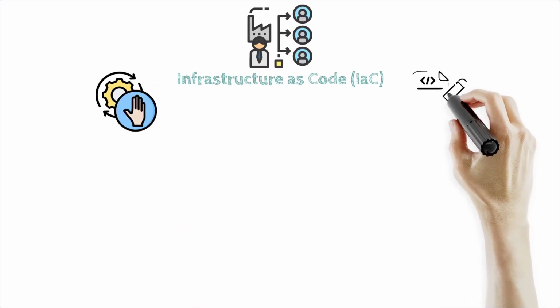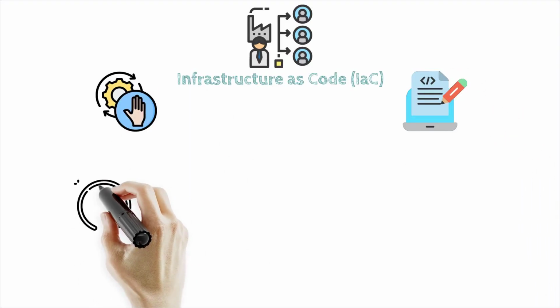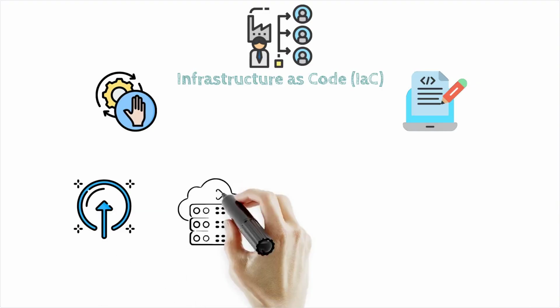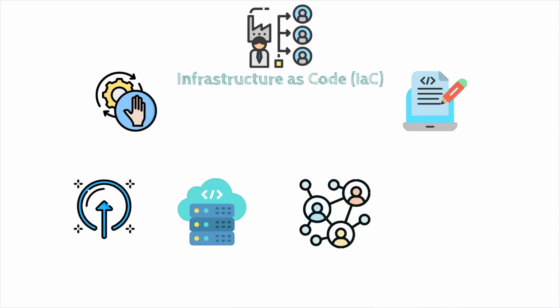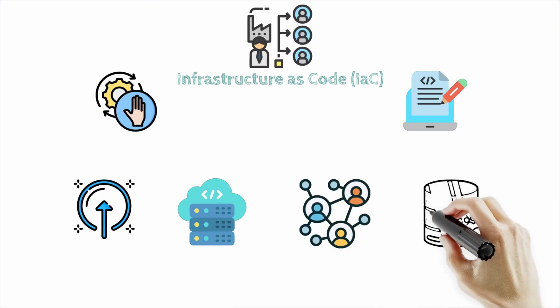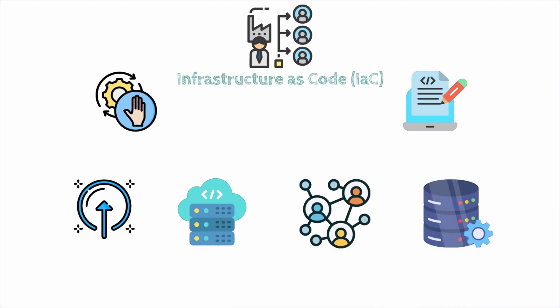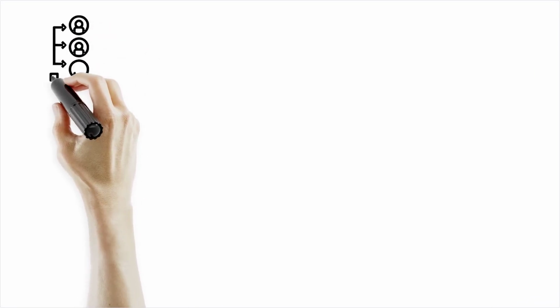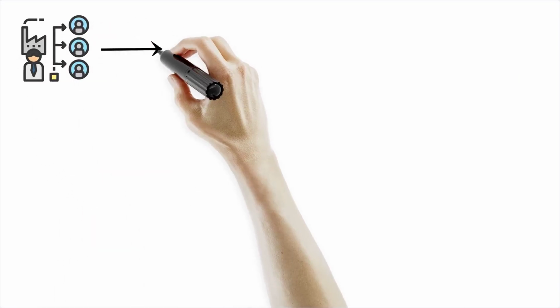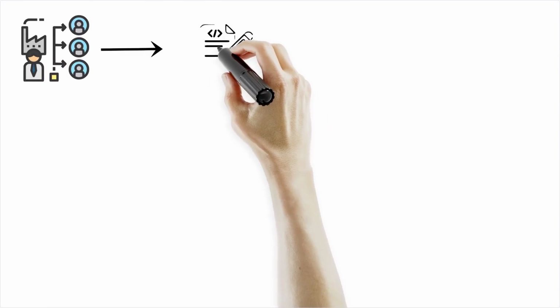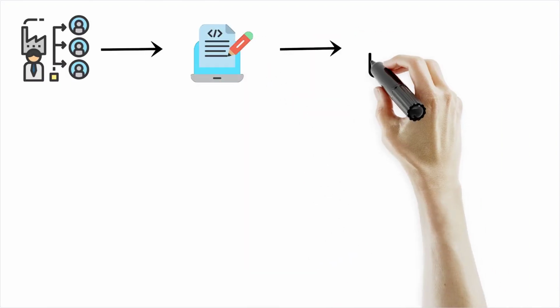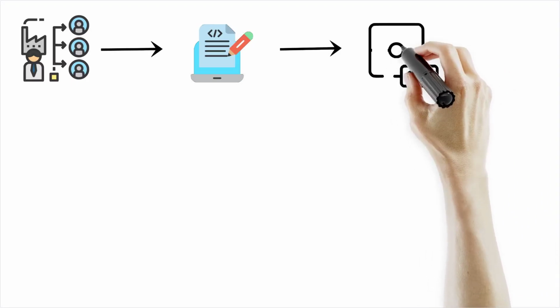DevOps engineers can write code to automatically spin up, configure, and tear down servers, networks, databases, and more, making it faster and more reliable than manual processes. With infrastructure as code, infrastructure definitions, such as server configurations or networking setups, are stored as code in version control systems like Git.